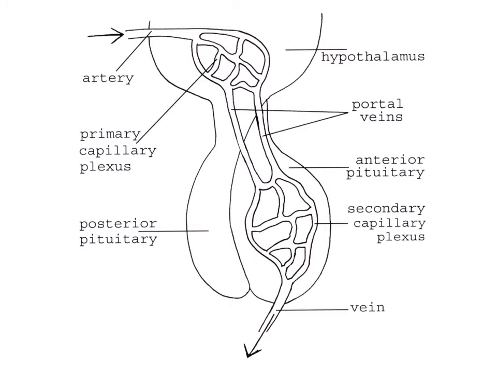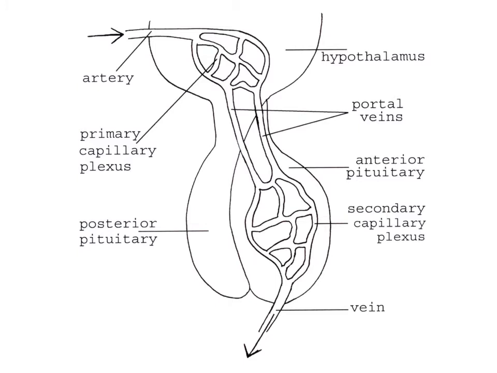So this is an example of what we call a portal system. A portal system begins and ends in capillaries. This one begins in the capillaries of the hypothalamus and ends in the capillaries of the anterior pituitary gland. Only then does the blood drain back into the systemic venous circulation.